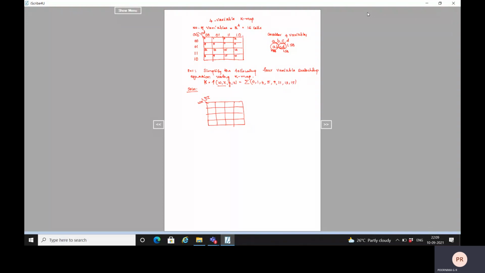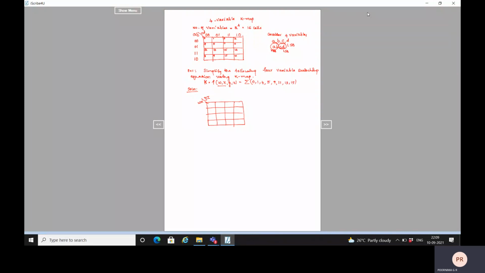Or vice versa you can also make use, but during that time the cell values will change. But this is the regular notation in most of the books we will be referring to. Hence I'll be following the same notation, WXYZ.